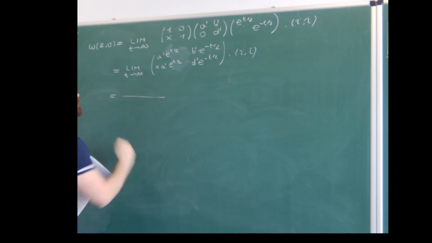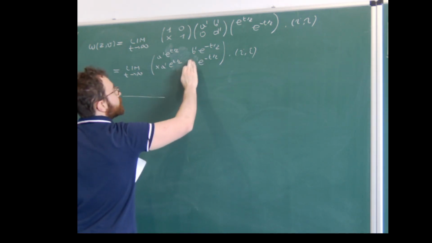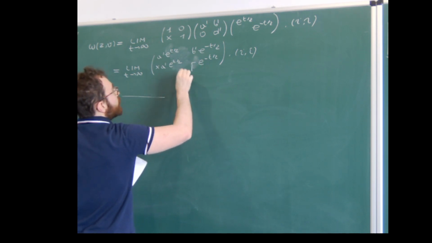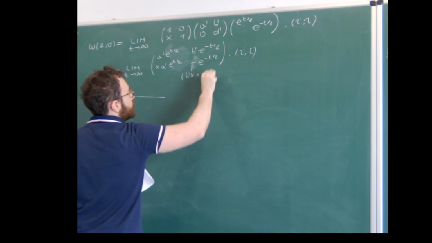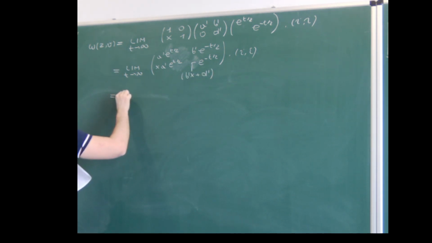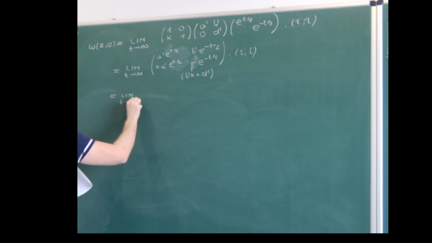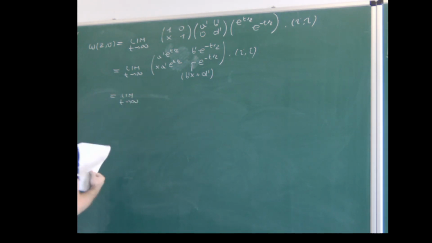Here I should have b prime x plus d prime. Okay, so this is the limit for t tending to infinity. Let's use the definition of our action.